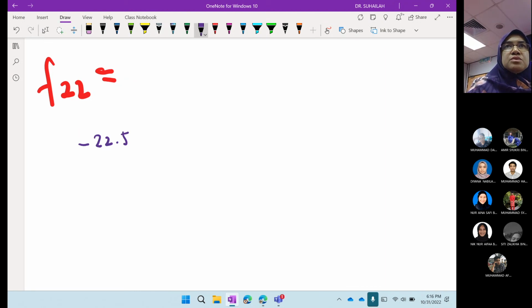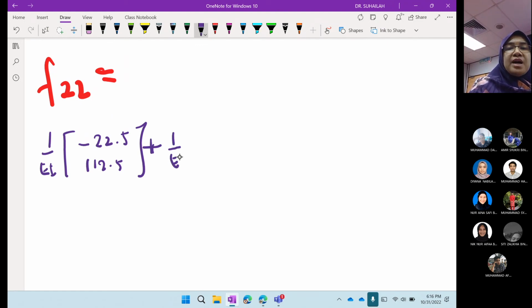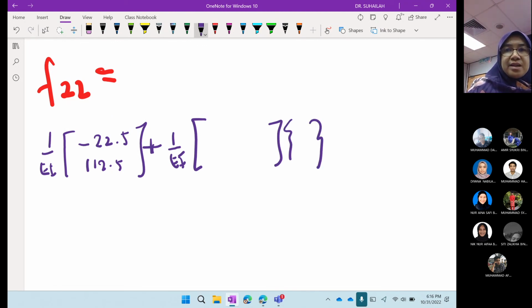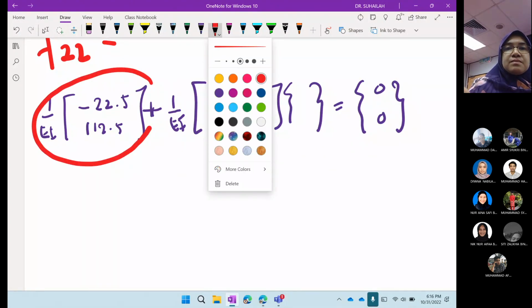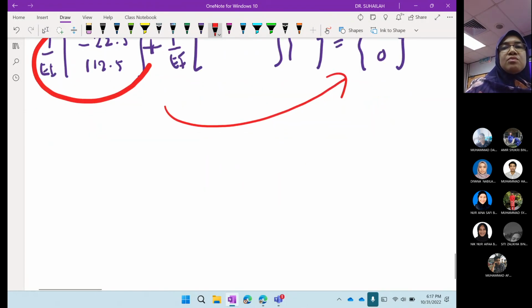The next value? 112.5. So this is 1 over EI plus 1 over EI, this one, times with redundant, equal to 0. So to solve this, you have to bring this to the other side. So bila dah solve, dia jadi macam ni.